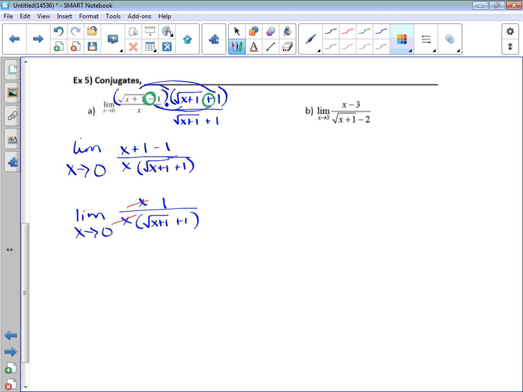And now can I plug my 0 in? Yeah, it's just 1 over square root of 0 plus 1 plus 1. So square root of 0 plus 1, that's the square root of 1, which is 1. And 1 plus 1 is 2. All right, we can add. So the answer to that limit question is 1/2.